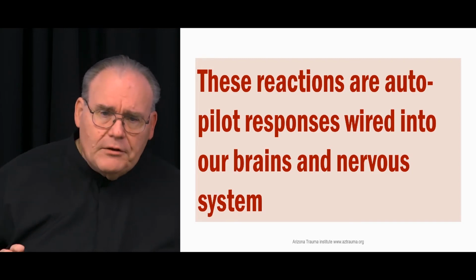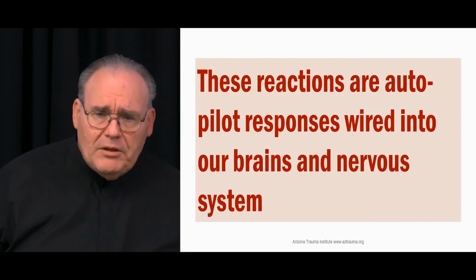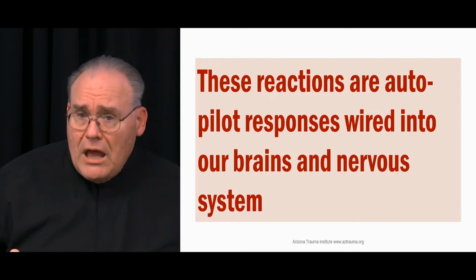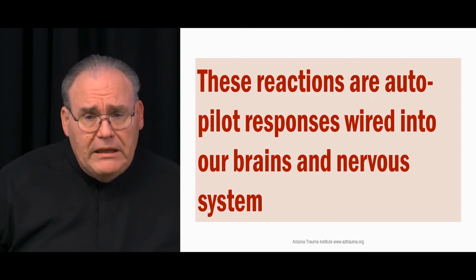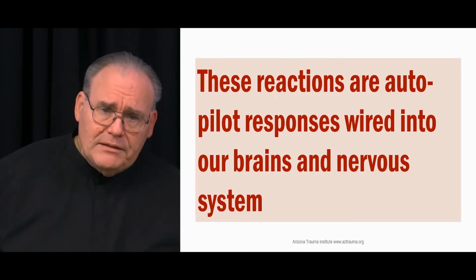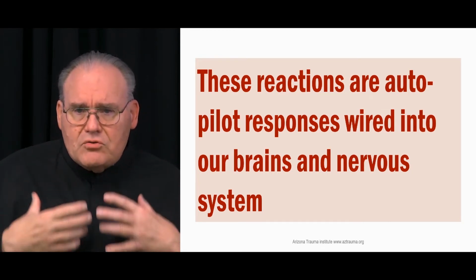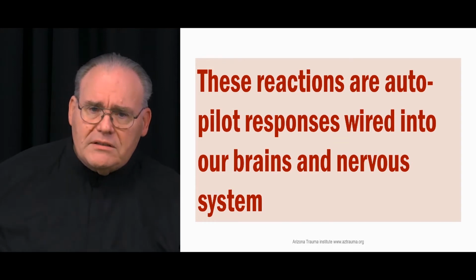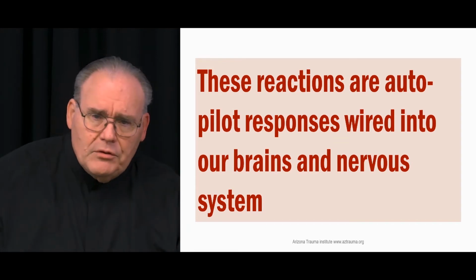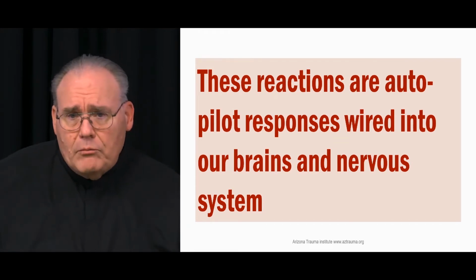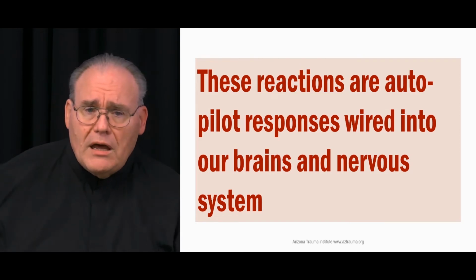So particularly people that have early life trauma or early life toxic stress environments or repeated adversity are building, if you want to think of it this way, flesh and blood structures in their brain and nervous system to help them deal with overwhelm. And once they're built, we just run on them automatically.